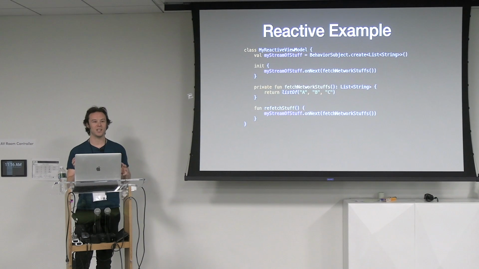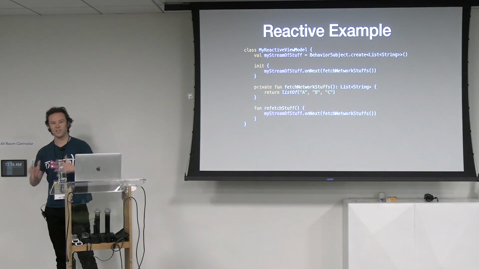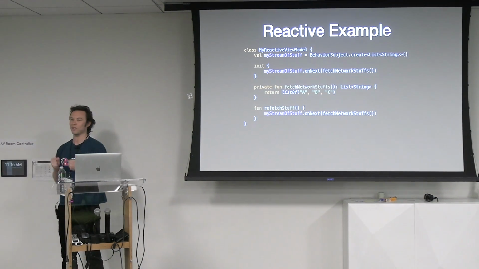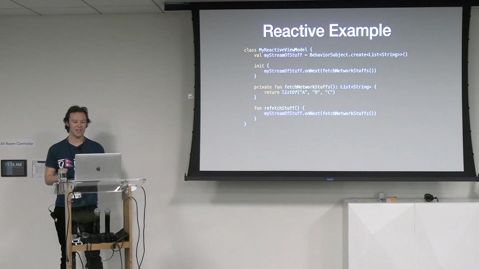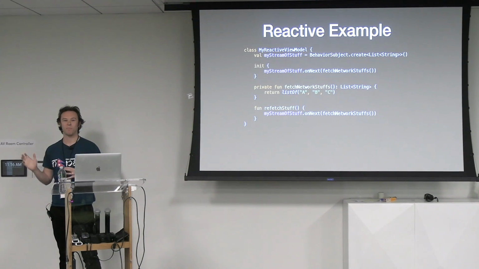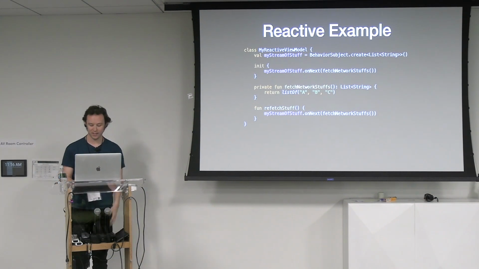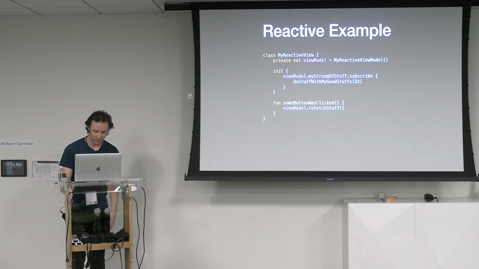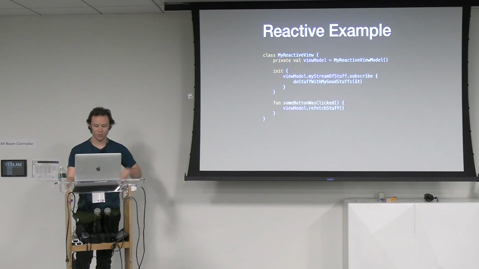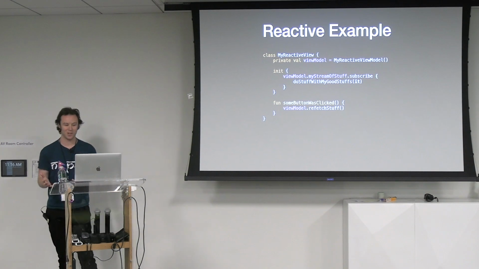This is different because instead of a view going to this ViewModel and saying, hey, I want network stuff, give it to me right now, it's saying, something happened, maybe you should do something, and the view reacts to it the way we react to anything else. If we look at that view, we can see we're doing just that. We create our ViewModel, we get the stream of stuff from the ViewModel, and then we call some function whenever a new item is emitted through that stream.